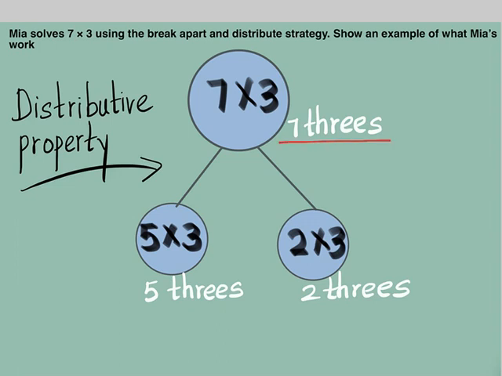7 times 3 is also 7 threes. And 5 times 3 is also 5 threes. 2 times 3 is also 2 threes. If you see the number bond, the total is 7 and the parts are 5 and 2. We know that 5 plus 2 will make 7. So this is a part and this is also a part and this is the whole.